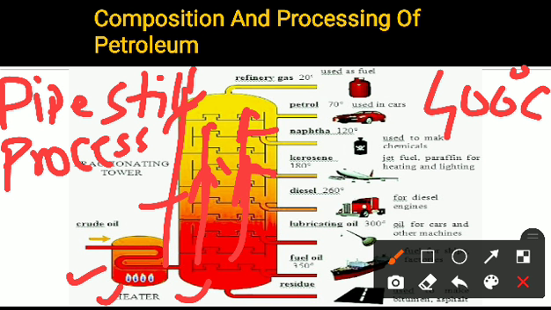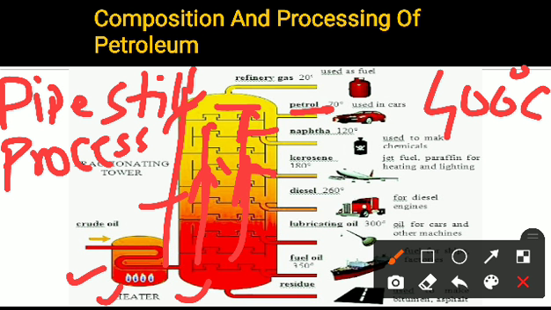At the upper side of the fractionating column, this liquid gets cooled down and we can separate it out. The high boiling fractions condense first, and the low boiling fractions condense turn by turn.